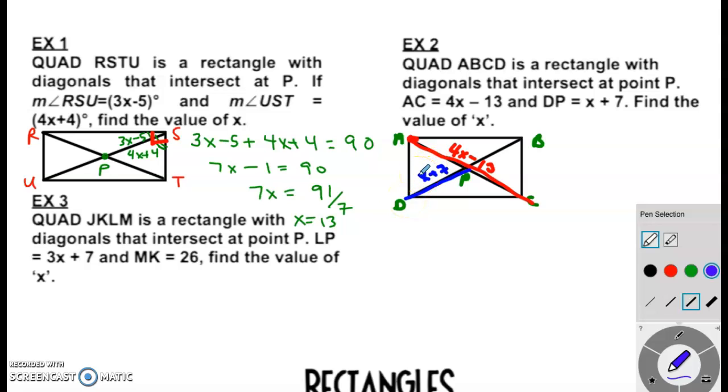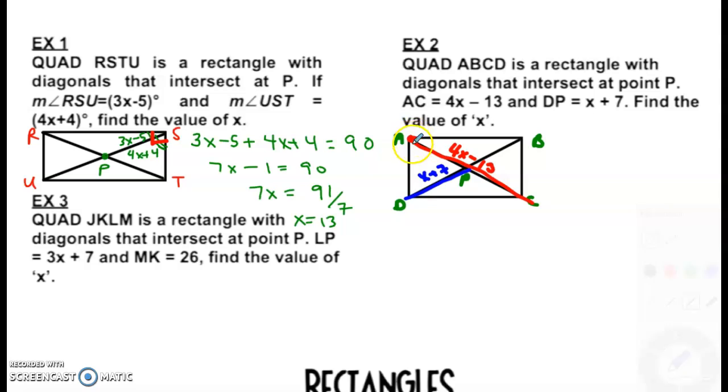All right, so remember our property of rectangles is the diagonals are actually congruent to each other. So whatever this length is going to equal the length of BD. The problem is I only know this part of BD, but remember with all parallelograms, diagonals bisect each other. So that means this is an x plus 7 also.